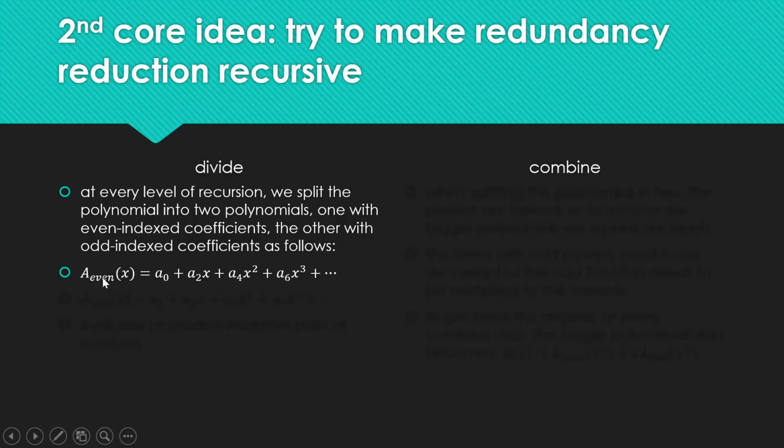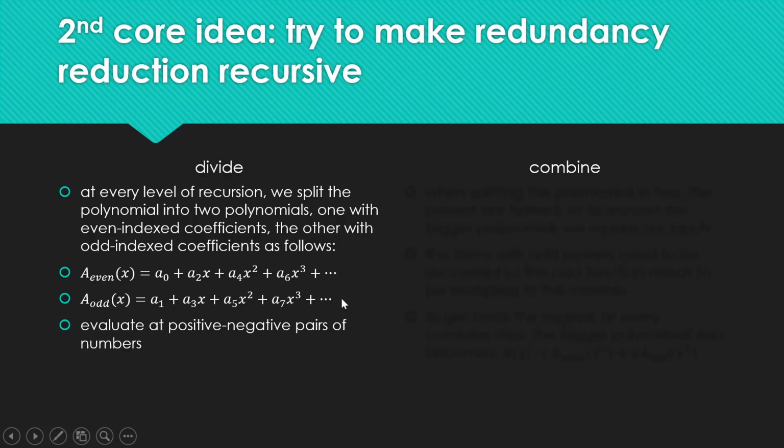So we define A even(x) equals a0 plus a2x plus a4x squared plus a6x cubed, and so on. Same goes for A odd, except we take the odd index coefficients from the original bigger polynomial and give them new powers of x. And then eventually we will evaluate these two functions at positive-negative pairs of numbers.